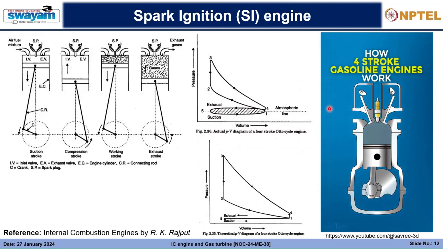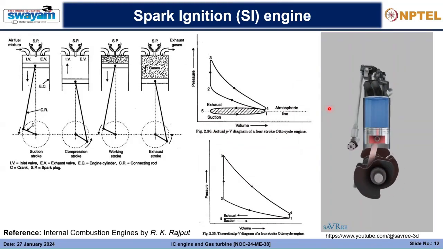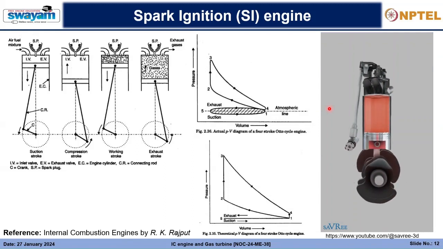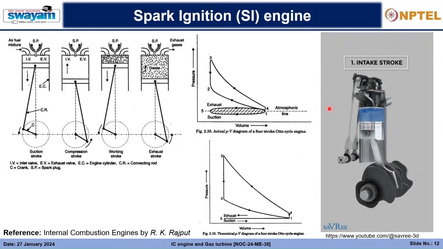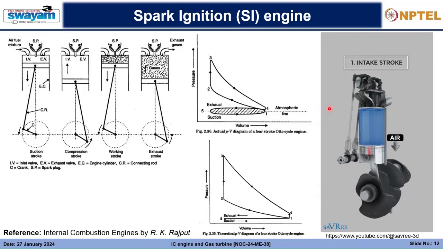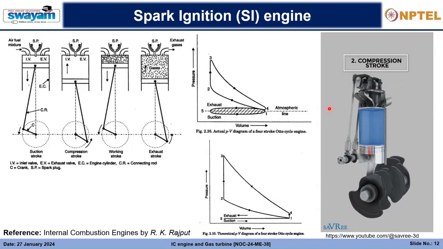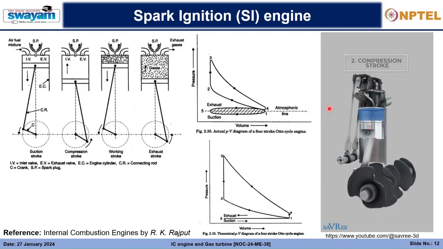How four-stroke gasoline engines work. Four-stroke gasoline engines use 4 strokes of a piston to complete one combustion cycle. The 4 strokes are intake stroke: the piston moves down, drawing air into the cylinder via the air intake valves. Compression stroke: the piston moves up, compressing the air within the cylinder.